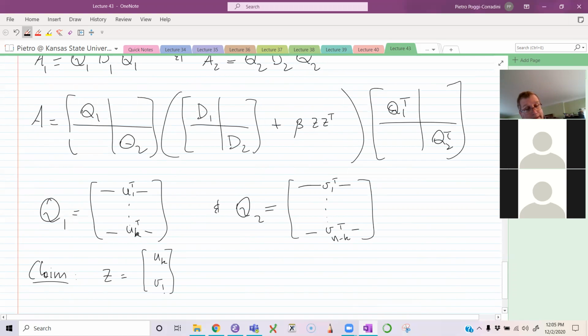Write it like that. And Z transpose then is going to be U_K transpose, V1 transpose.